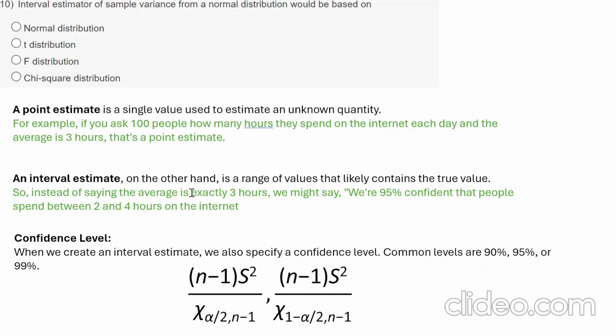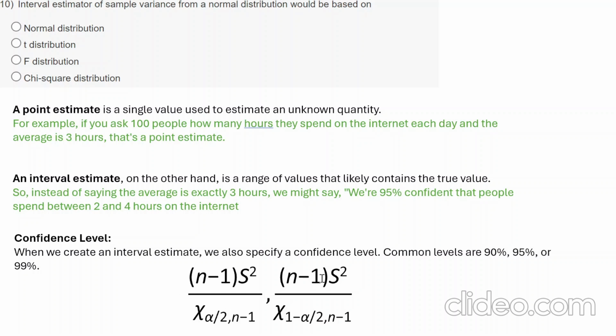So yeah, for that we use this chi-square distribution, where we determine the intervals based on this formula. The interval will be between n minus 1 times s square, where n minus 1 is the degree of freedom and s square is the sample variance, divided by chi of alpha by 2 comma n minus 1, which is the lower critical value.